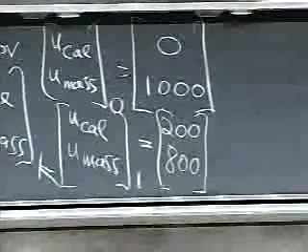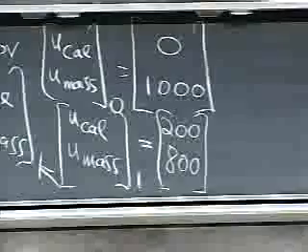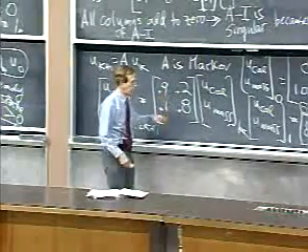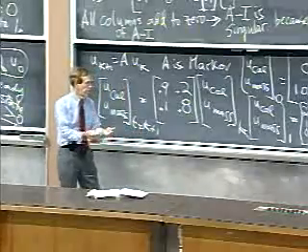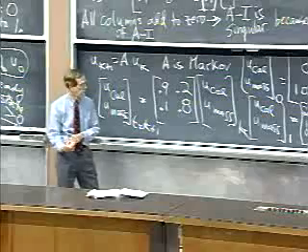So after the first step, 200 people are in California. Now at the following step, I'll multiply again by this matrix. More people will move to California. Some people will move back. 20 people will come back.